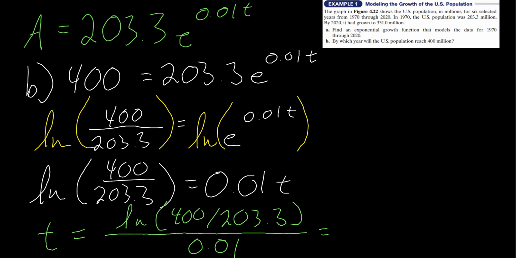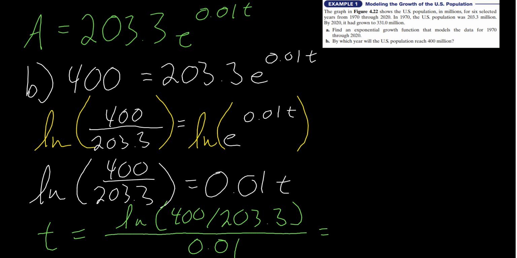If we do this arithmetic right, we've got the natural log of 400 divided by 203.3, and then that divided by 0.01, so we have 67.67.